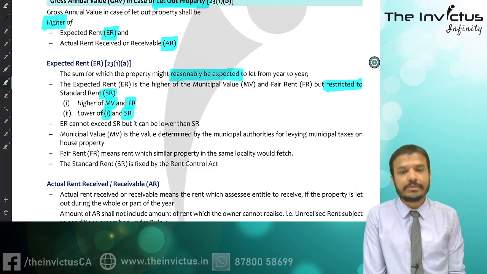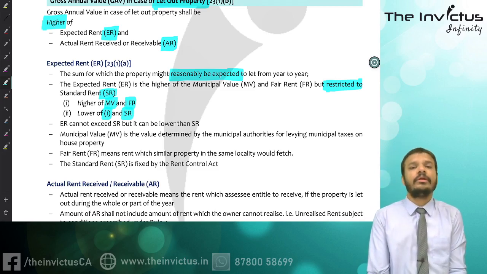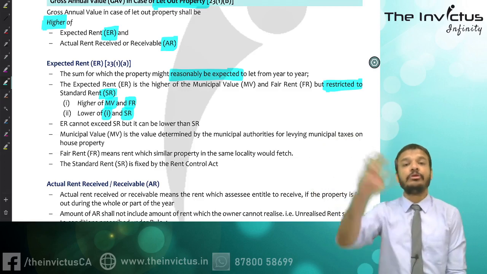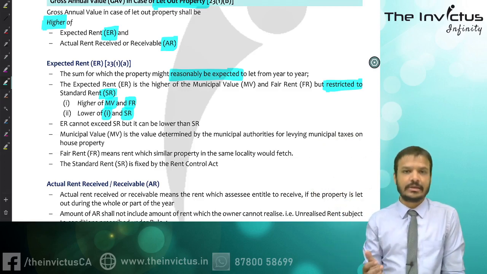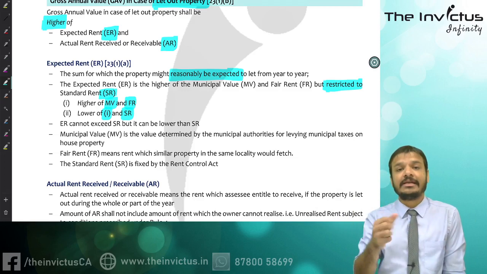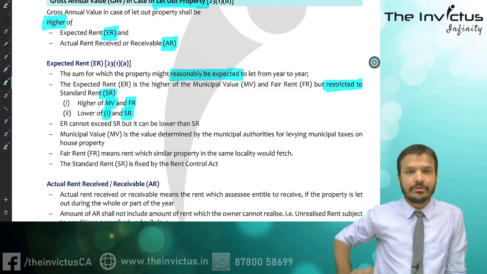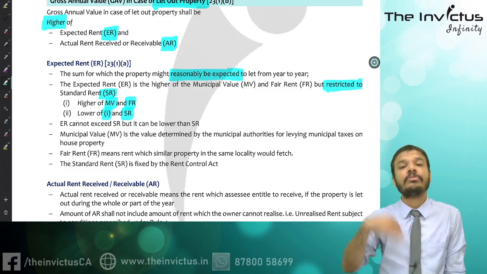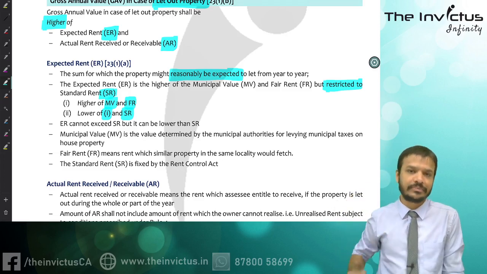Now in case of municipal valuation, sometimes in the question they will give you municipal tax, that we'll discuss afterwards. Municipal tax is a certain percentage of municipal valuation, generally calculated on the basis of municipal valuation.